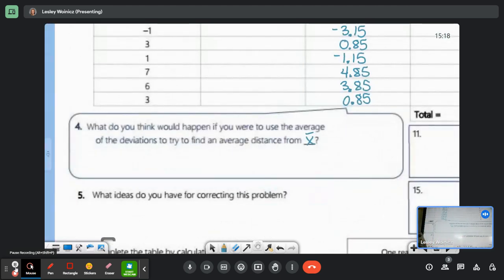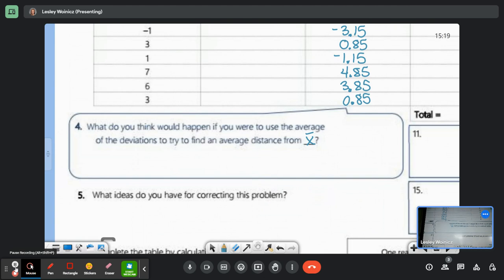If we add them all up and divide by 20, what do we get? Does that work? Remember that deviations are different than distance. Distance is always positive, and deviations have positive or negative signs.